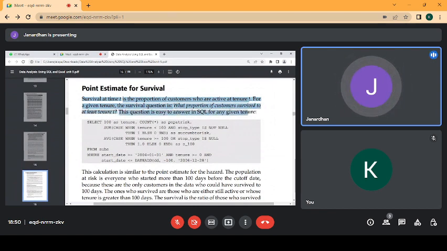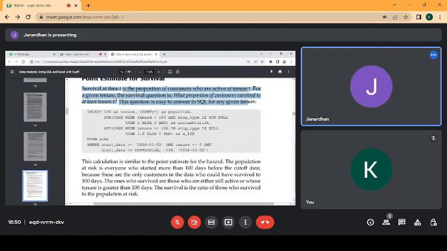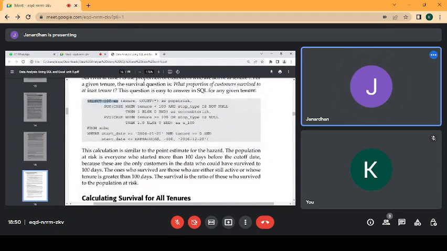ఓకే రైట్ దీనికి మనం క్వరీ ఎలా రాస్తాము అంటే select 100 as tenure, count(*) as population, sum(case when tenure < 100 and stop_type is not null then 1 else 0 end) as cum_risk, avg(case when tenure > 100 or stop_type is null then 1.0 else 0 end) as survival from subs where start_date > some date and tenure > 0 and start_date < dateadd like this.